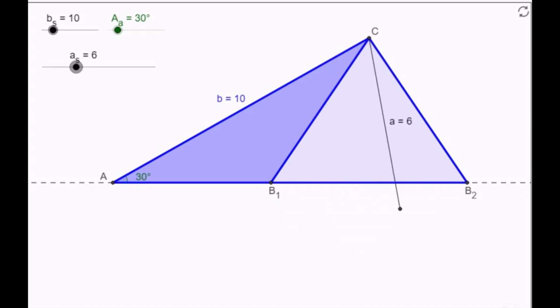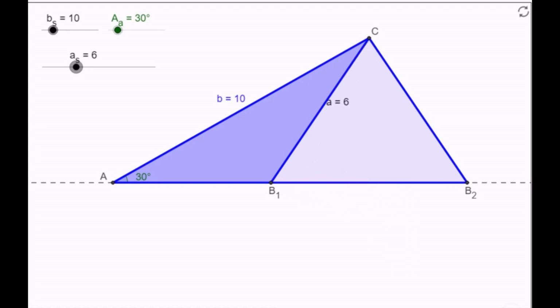There's 2 different possibilities, ACB1 and ACB2. So you can see they have the same information, but they're looking completely different. And in fact, the length of c at the bottom length of the triangles is completely different, and the angles inside are going to be very different as well, apart from the 30.